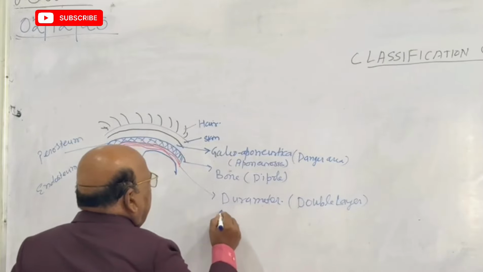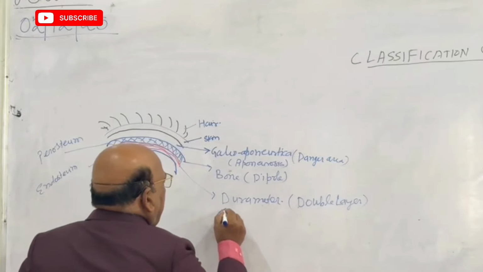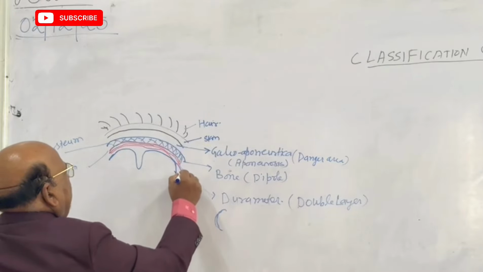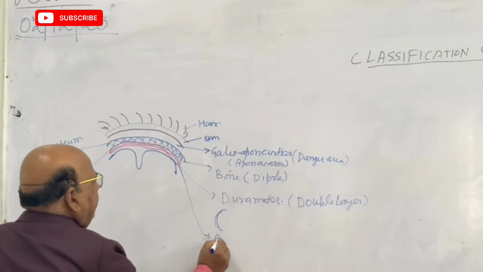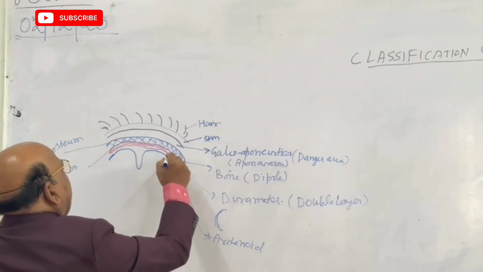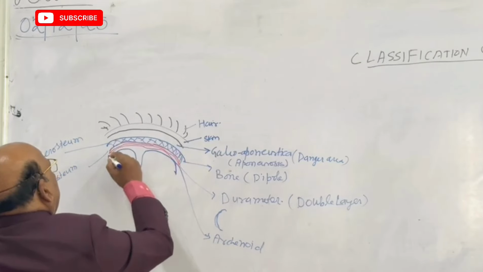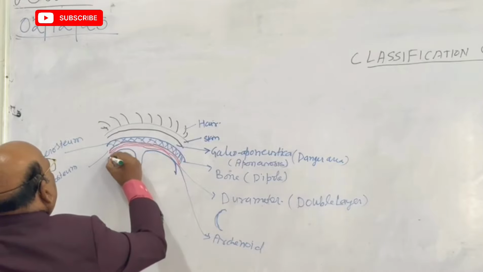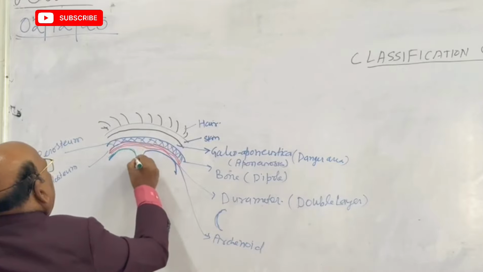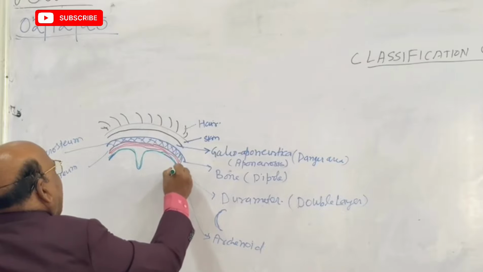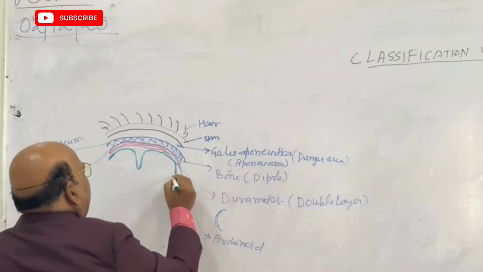Then after that you will see the arachnoid, and below it you will find the pia, which is attached to the cerebral cortex.